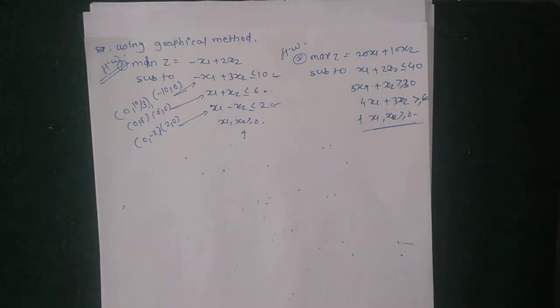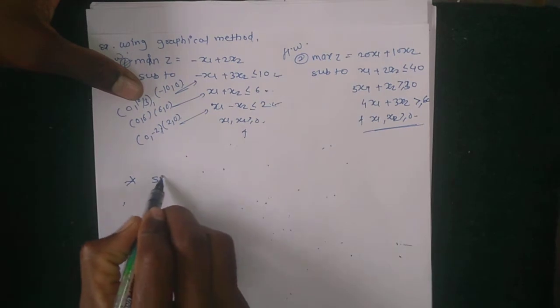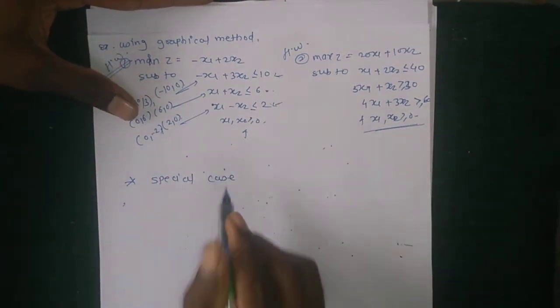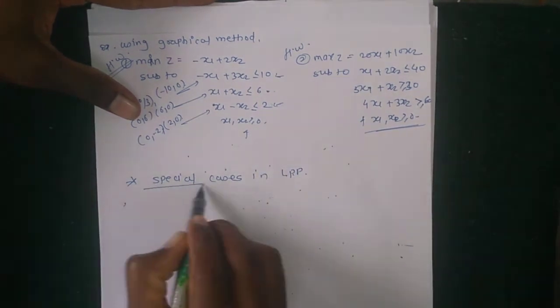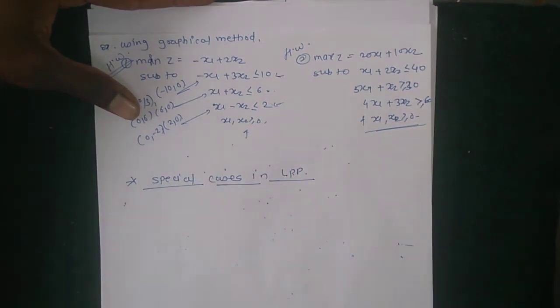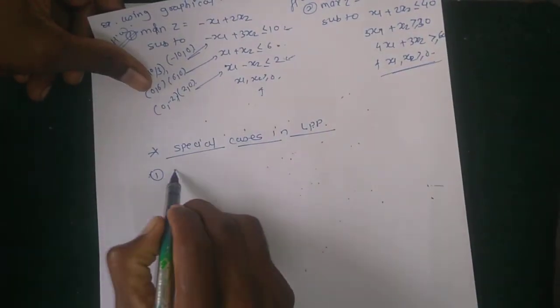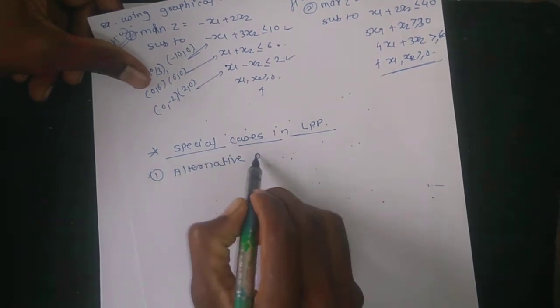Then the next point is special cases in LPP, linear programming problem. The first is alternative optimal solution. What is meant by alternative optimal solution?